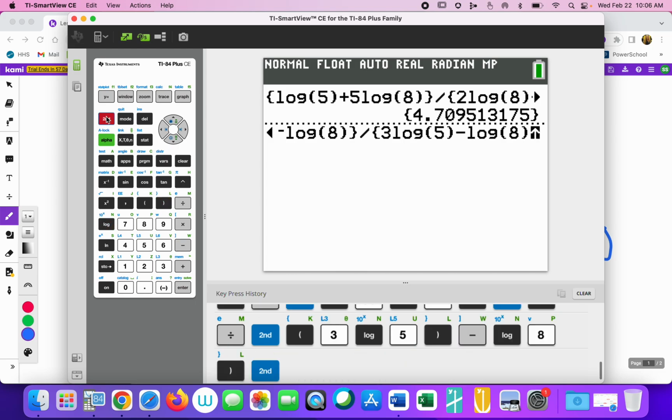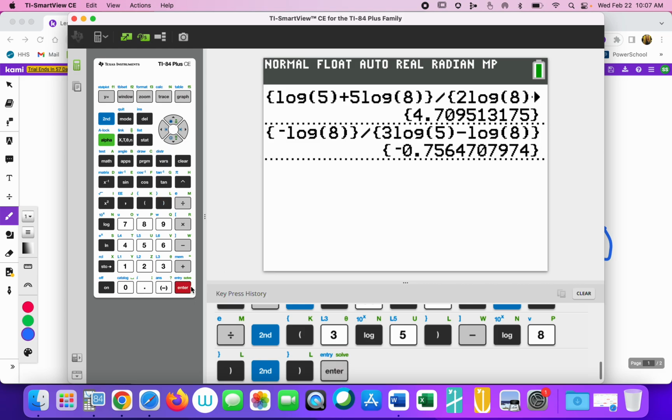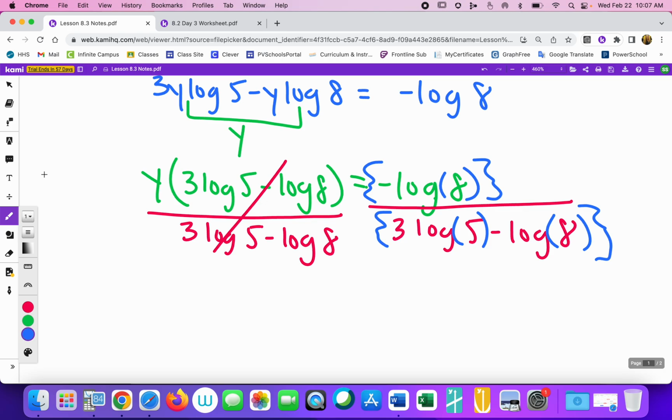Make sure to close off the parentheses after each log, and then on the end, close off the brackets. This is what you should be getting. If not, you typed something in incorrectly. So, 4 decimal places: negative 0.7565.